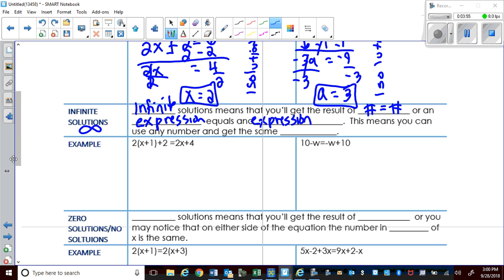This means you can use any number and get the same result on each side. Okay?